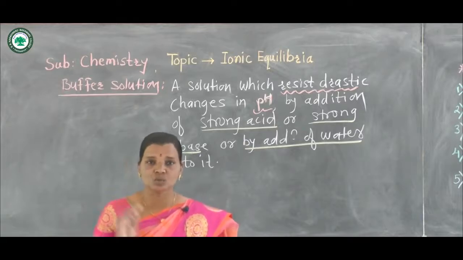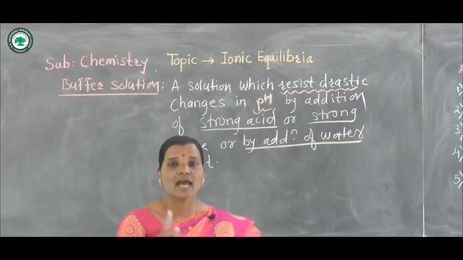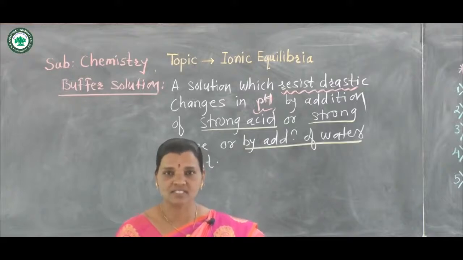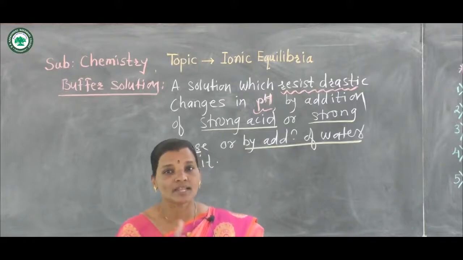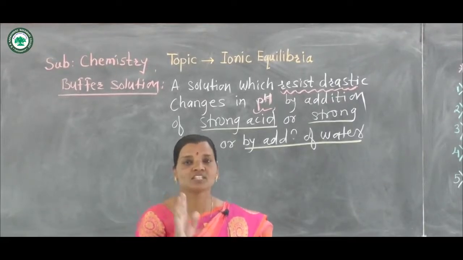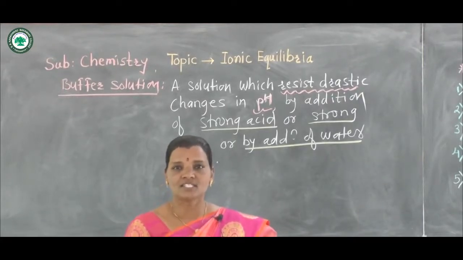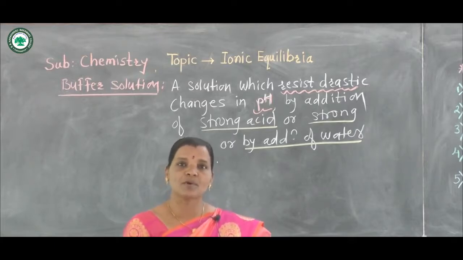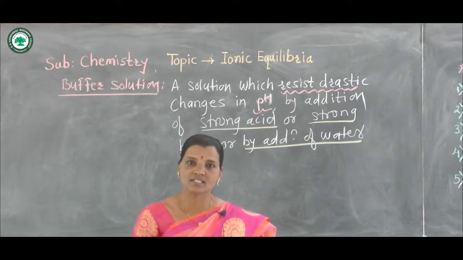That means the solution in which if we add strong electrolytes, that means strong acids, strong bases, or if we dilute that solution, then also the pH of solution does not change. Such type of solutions are called as buffer solutions.